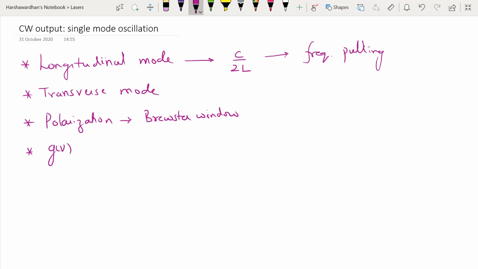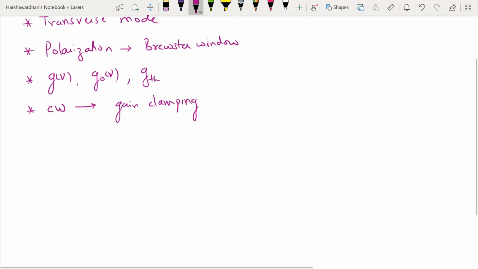Then we have talked about gain. We have talked about the small signal gain. When you have very little radiation within the cavity, you talk about small signal gain, but then the gain gets saturated, and you have the notions of gain threshold, which is simply the measure of loss in the system. And then when I want a CW output, we brought in the idea of gain clamping. Let us see what is the consequence of gain clamping in a homogeneous medium.